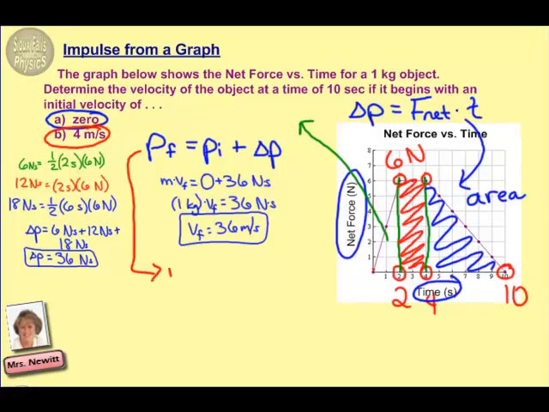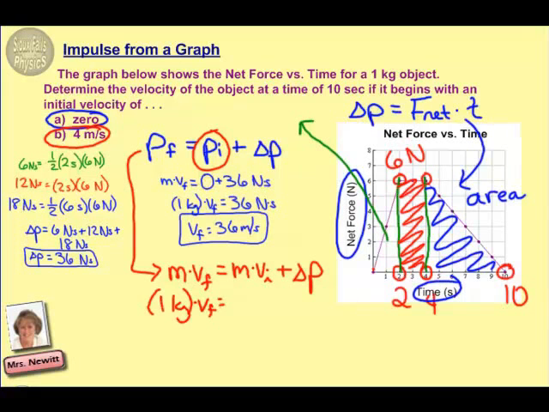We will then again have mass times final velocity, only this time we do have an initial velocity, so we do have an initial momentum. So we simply take mass times its initial velocity to get its beginning momentum, and then we would add on again the change.